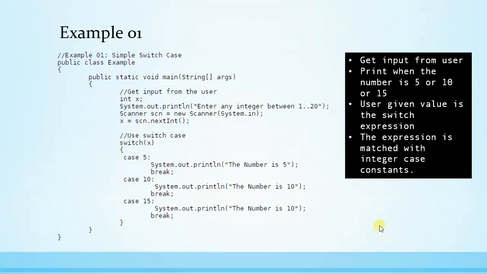Whenever the user enters the number 5, we print in the console window that the number is 5. We do the same for the other 2 label constants, 10 and 15. We will see this with an example.